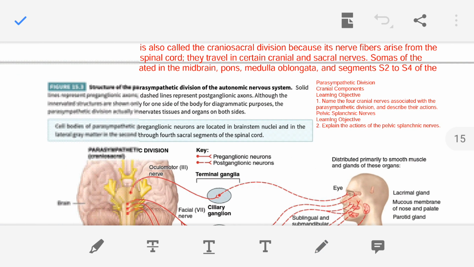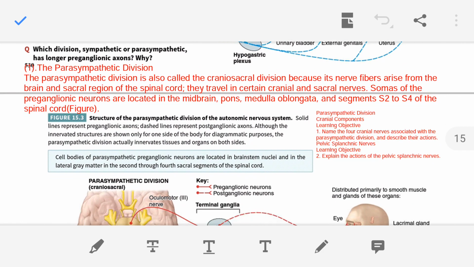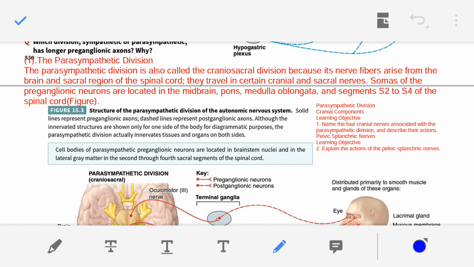So starting with the first point, parasympathetic division of autonomic nervous system. See, the parasympathetic division is also known as craniosacral division. The reason is the nerve fibers of parasympathetic division originate from the brain and the sacral region of spinal cord.